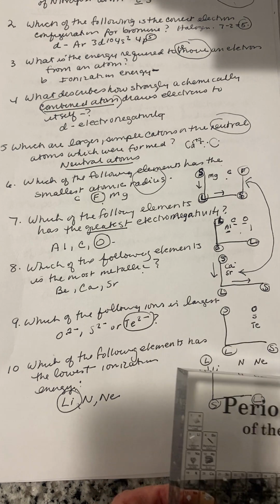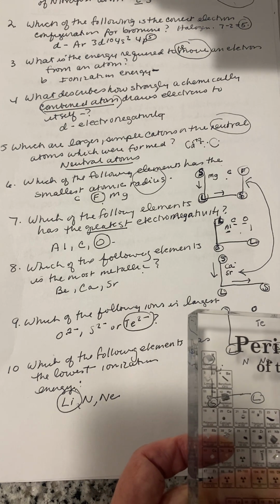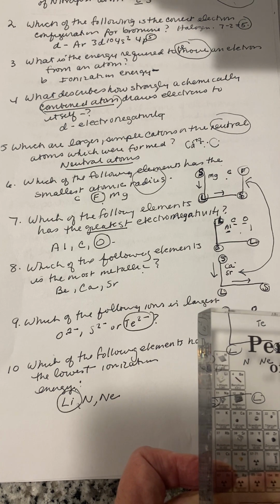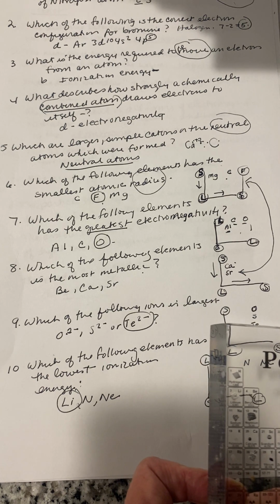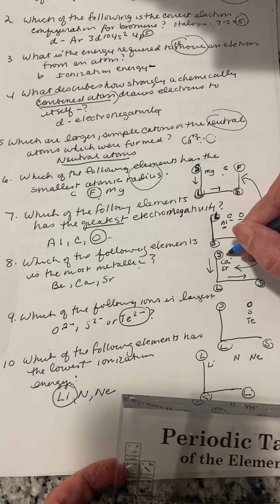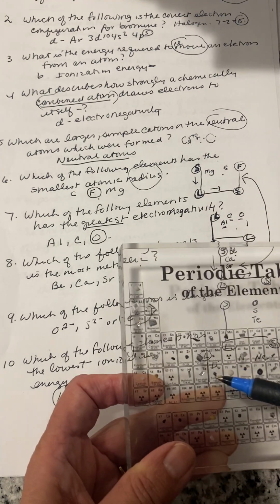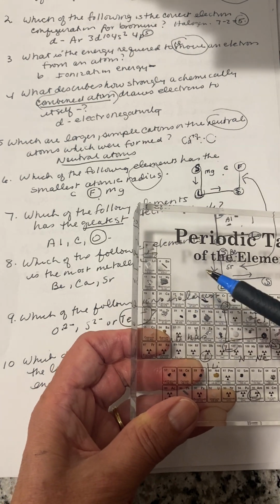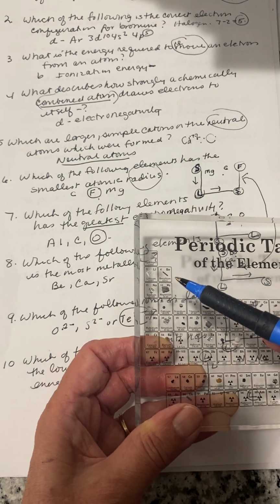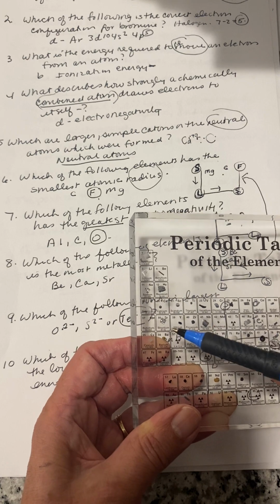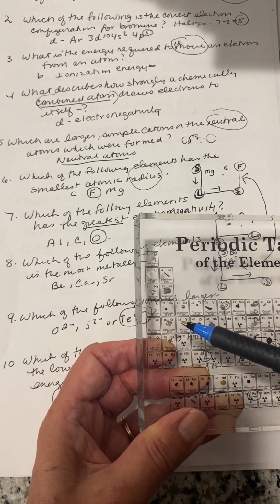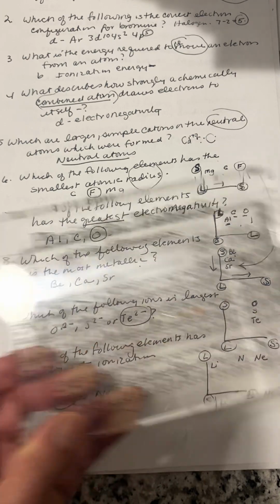And then Be, where is Be? Be is above it. So in this we'll have Be, calcium, and strontium, they call it.